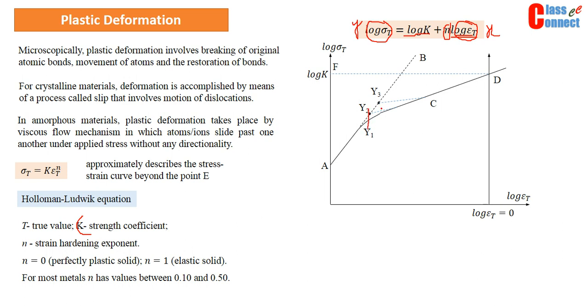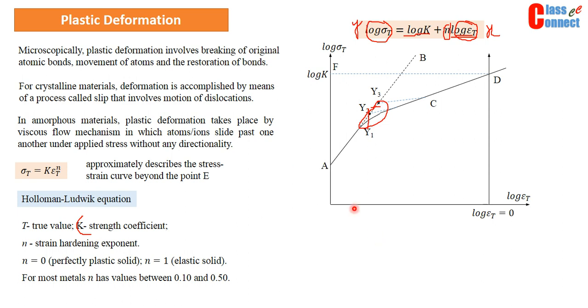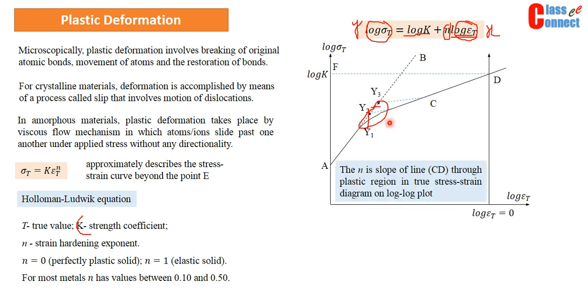So I get this type of curve starting from point Y, that is, this is the yield point. We will be discussing this portion in another lecture, what exactly is happening here, Y1, Y2, Y3, but right now we will be discussing only that we have a straight line between Y and U, because of this relation, if I plot these two stress strain curves on this log graph.